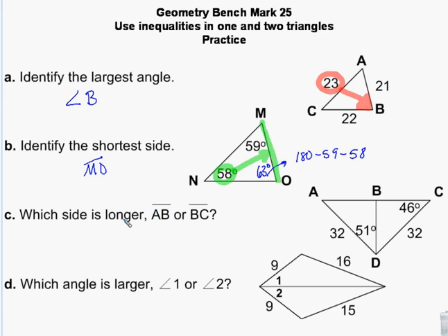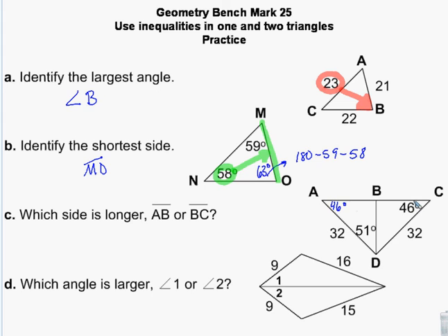Okay. Which side is longer, AB or BC? Well, I'm looking for AB and BC. I know that these two sides here are the same length, which means this is 46, which makes this also 46. Okay, this is isosceles, the big triangle. I need to find out what this missing angle is.